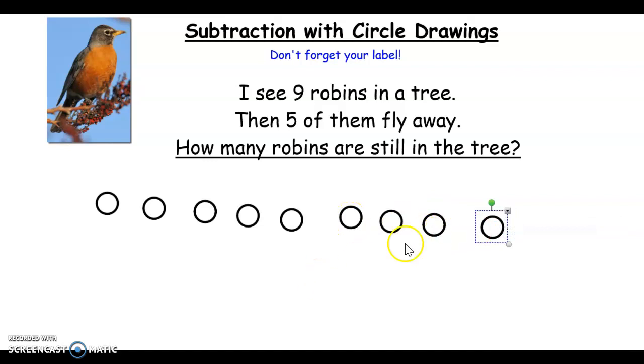I know this isn't beautiful, friends, but it'll still help you get the point, okay? So these are our 9 robins in a tree. 1, 2, 3, 4, 5, 6, 7, 8, 9.